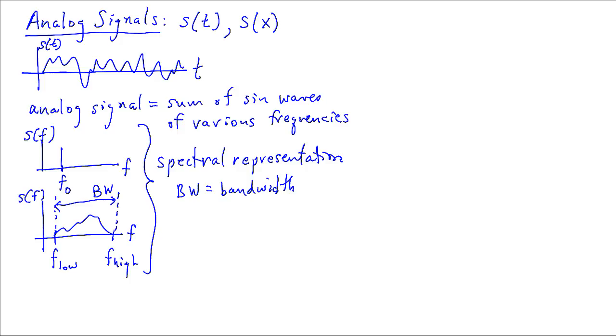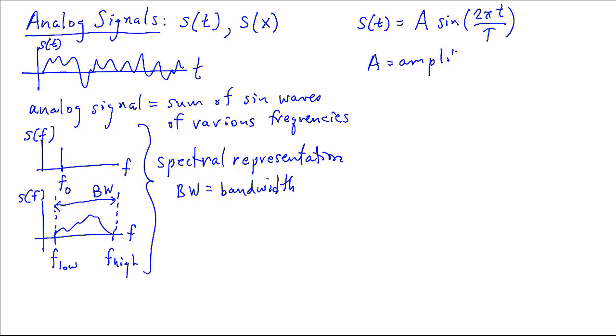Okay. So what we're going to do then is write a sine wave at a single frequency. Our signal as a function of time is going to be A sine of 2 pi little t over big T, where A is the amplitude, and this should take you right back to your pre-calculus class, and capital T is the period.